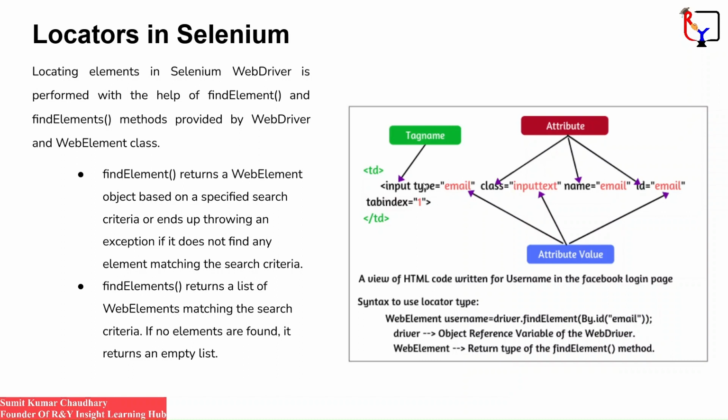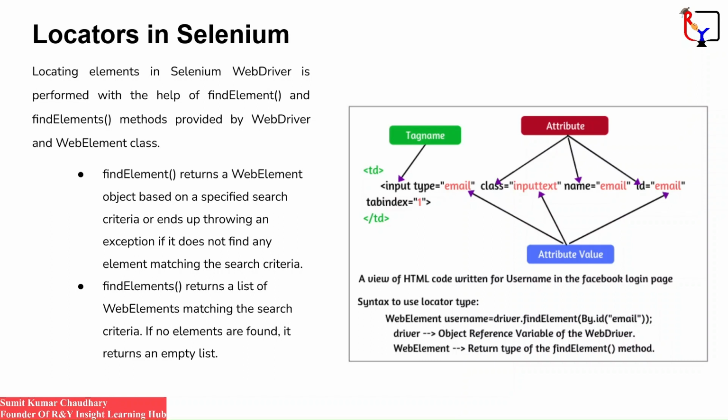Type is the attribute, and email is the attribute value. You can see that class is the attribute, name is the attribute, ID is the attribute, and input text is the attribute value. This is a view of the HTML code written for the username in the Facebook login page. We will understand the practical in coming videos.